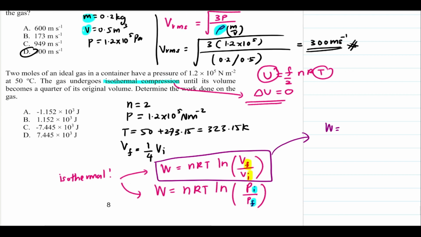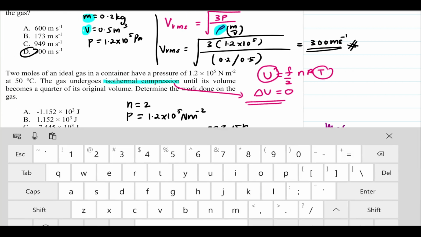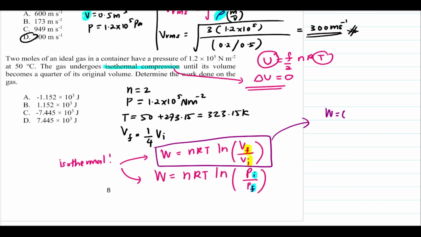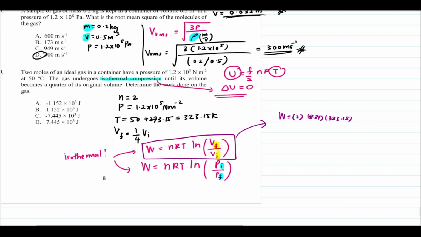Okay, so W is equal to n is equal to 2, R 8.31, temperature 323.15. Saya kecilkan sikit. And ln V final adalah 1/4 0.25 V initial bahagi V initial.